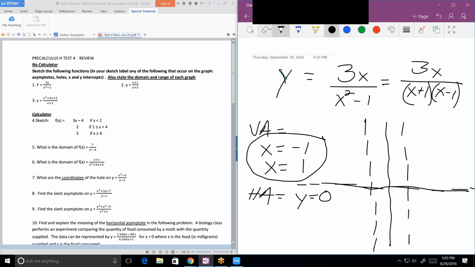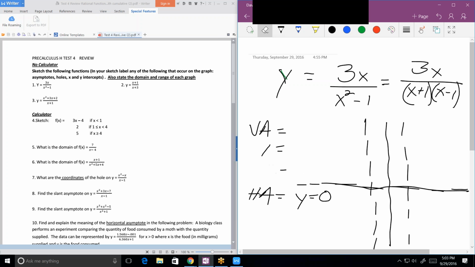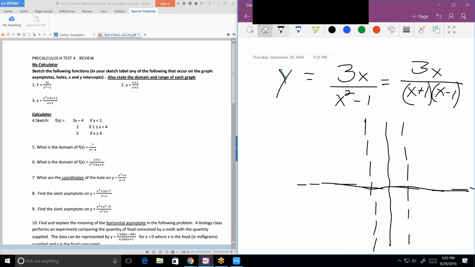Okay, let's check for x and y intercepts. I'm going to erase some of this stuff so I can make room. Let's see, we know what our vertical asymptotes are. We know what our horizontal asymptote is. How about an x-intercept? No, let's do the easy one first. Let's do a y-intercept.